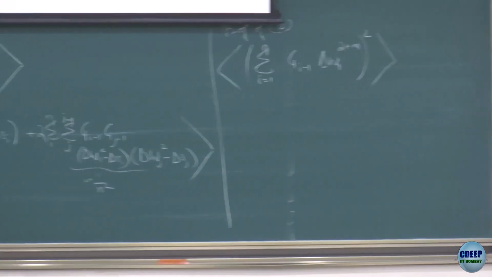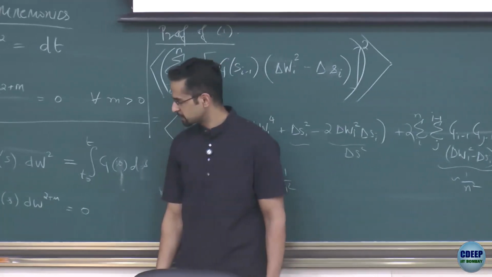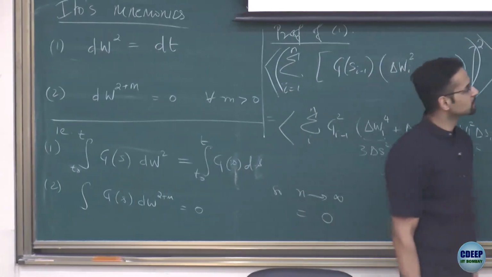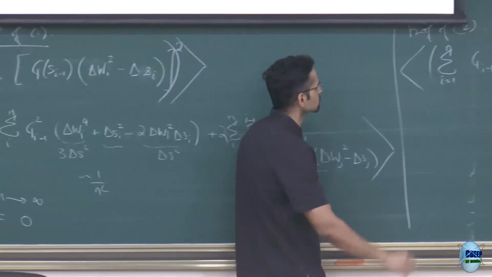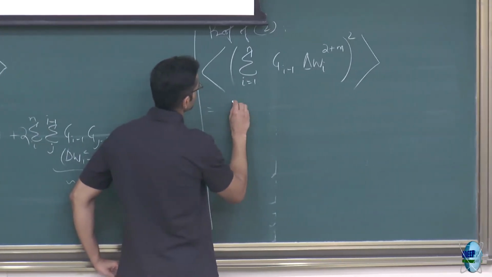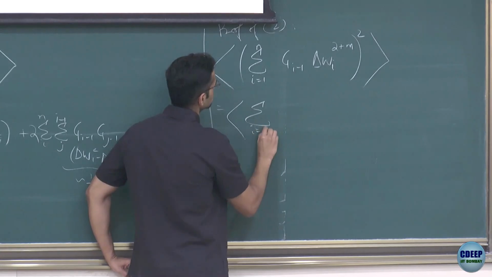So it's just the variance of this partial sum itself. So once again, I have the same kind of expansion.